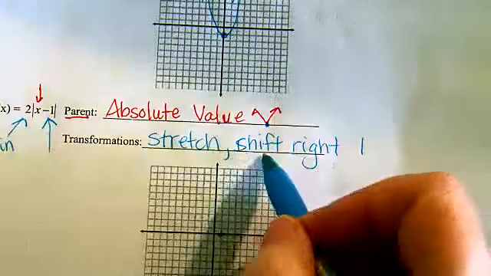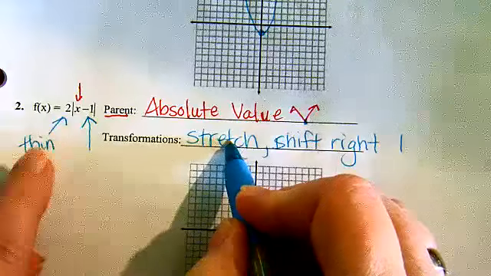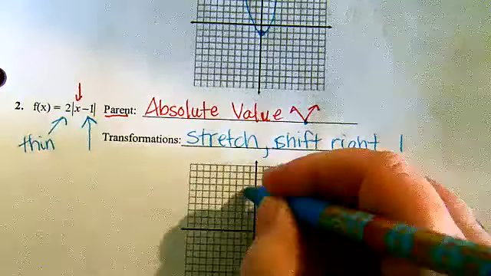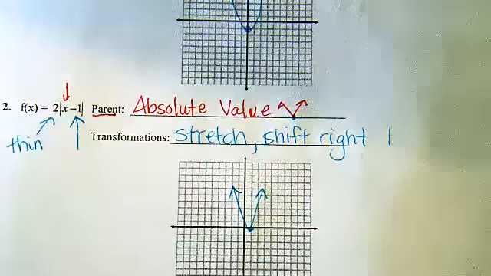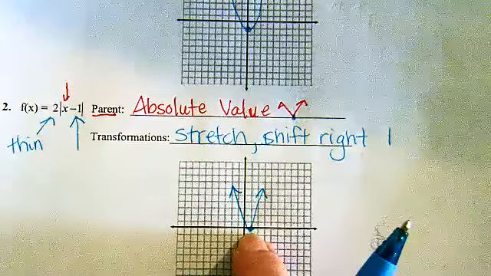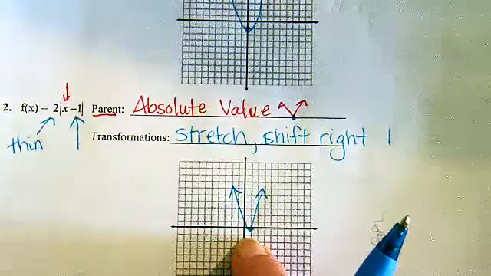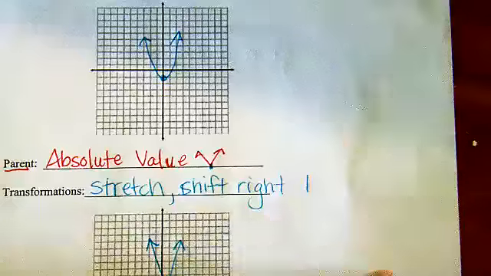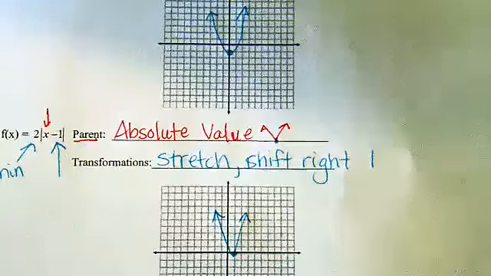And then I'm going to draw my V, but I'm going to draw it stretched or thin. It doesn't have to be perfect. The only part that's perfect is the vertex. Now tomorrow we're going to do some more stuff here, but today this is what we're focusing on.